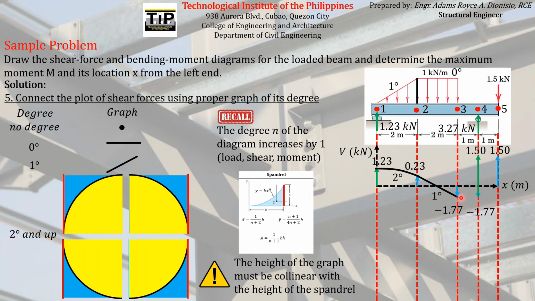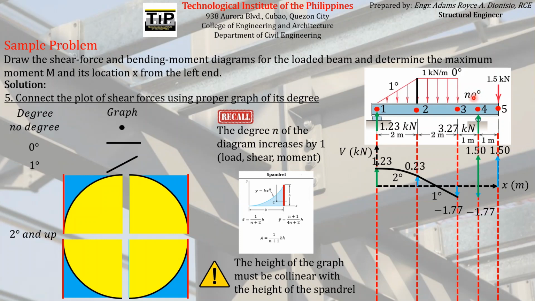Next, let's connect this point and this point. Again, how can we know the particular graph that connects these 2 points? We just have to look at the degree of the curve on the load diagram. Obviously, the load diagram between this span has no degree.